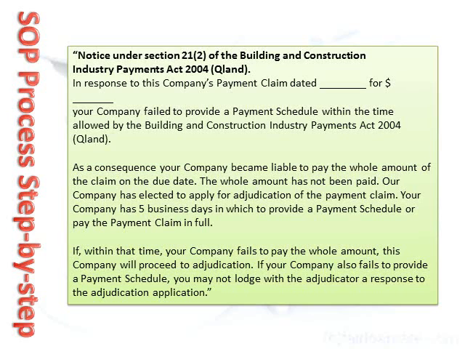As you can see from reading the note, it gives the client another opportunity to lodge a payment schedule. If the client serves a payment schedule within the time allowed, the process proceeds as set out in the next screen, dealing with the situation when a payment schedule has been served.